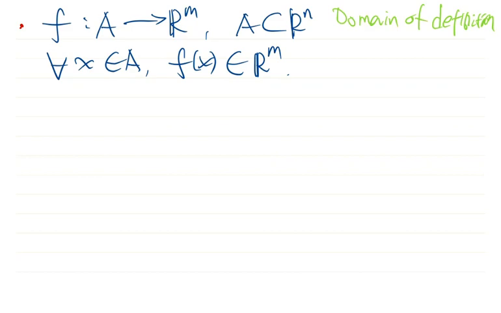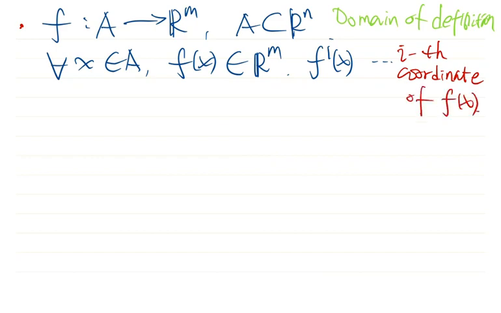So since f(x) is a point in Rm, it has m coordinates. We can use f_i(x) to denote the ith coordinate of f(x). So once we give x, you get the ith coordinate, which is a real number. So f_i(x) is a function of x.